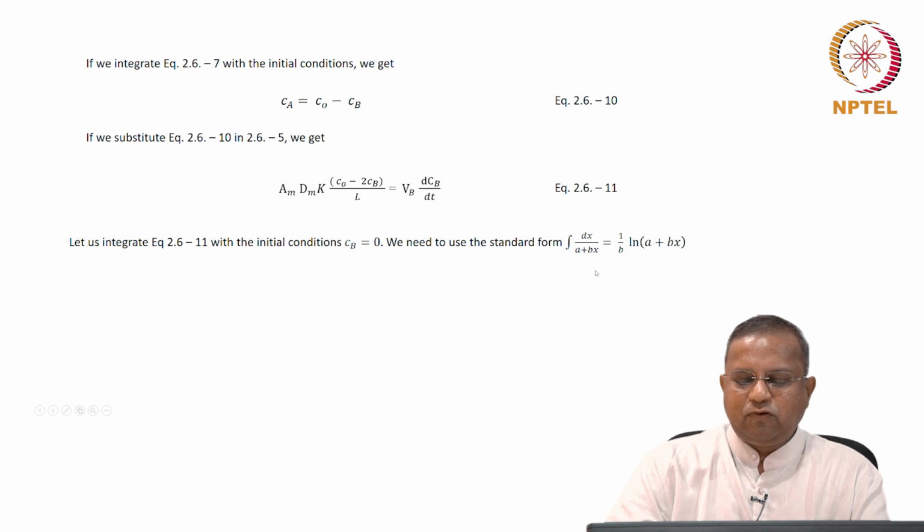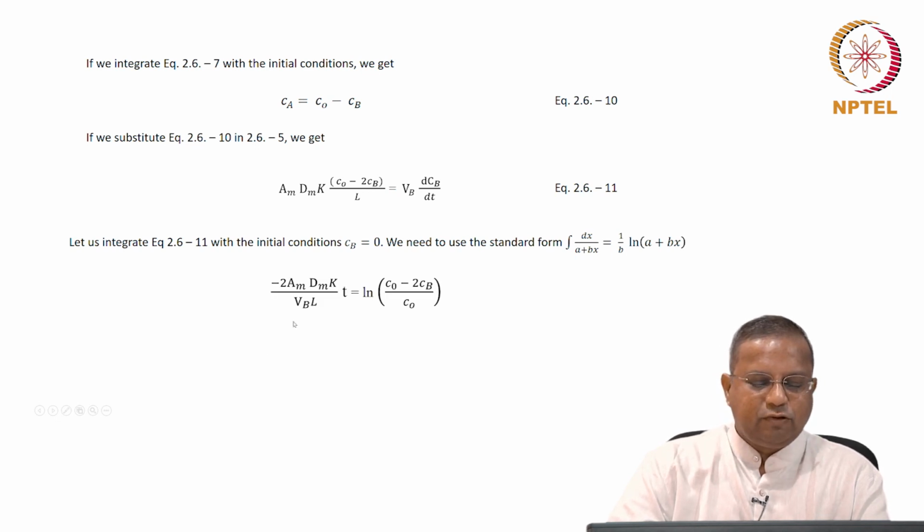So, the solution of this is nothing but 1 by b ln of a plus bx. This you know from standard integral tables, and therefore, the solution becomes minus 2 Am Dm K by Vb L times t equals ln of (C0 minus 2Cb) by C0. Okay. This is what comes about.